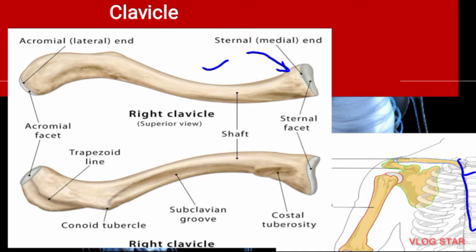For deeper study, you must know the anatomy of the whole body, so we are going to start here. And here you can see this line is known as the trapezoid line. Okay, are you understanding?